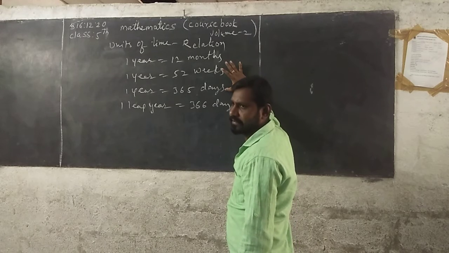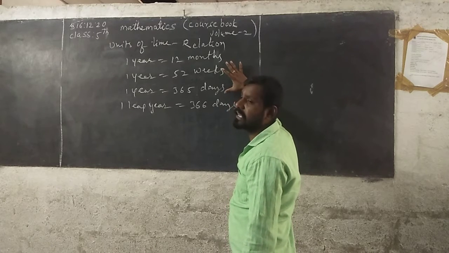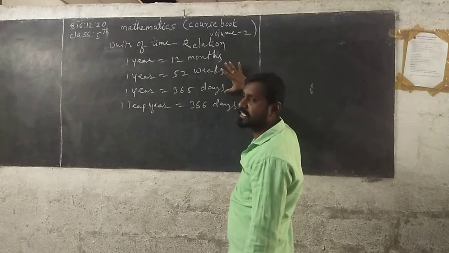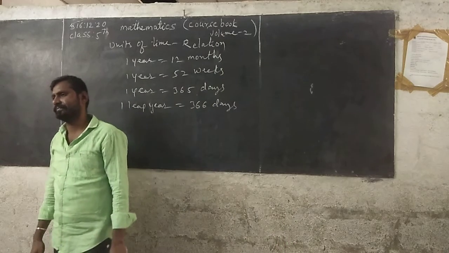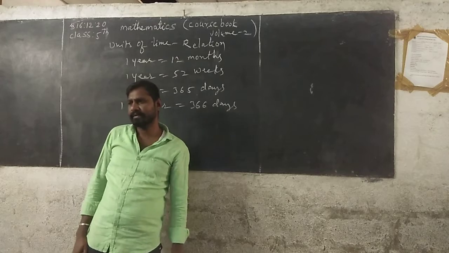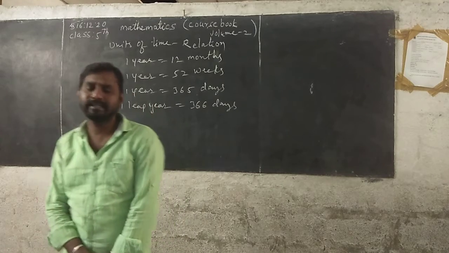This is a normal year. 1 leap year is equal to 366 days, because in a leap year the month of February has 29 days.